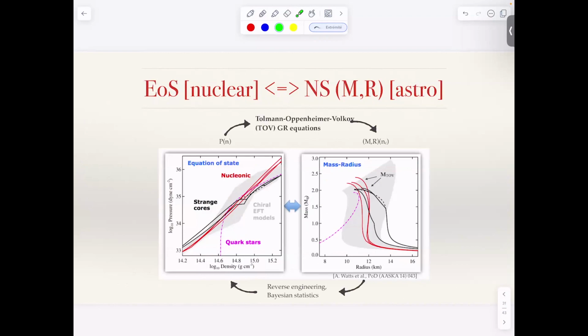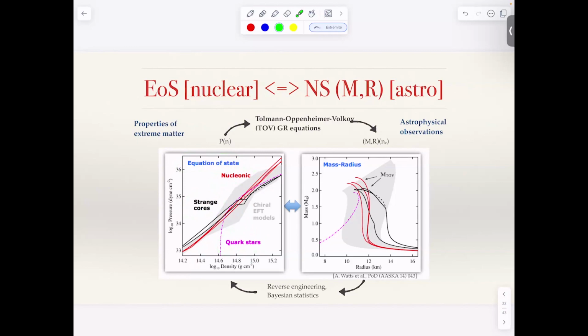Okay. So what is the program we have? We are all interested in describing dense matter, and so the properties of extreme matter, and this is what we call the equation of state. This is what we have on the left-hand side, and here, for instance, in this figure, you have different kinds of equations of state: either strange core, or you suppose nucleonic matter, or you suppose quark stars.